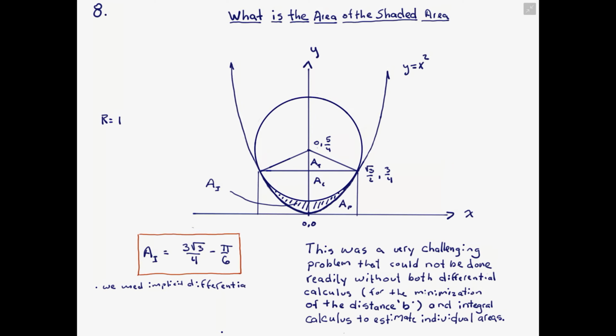Again, the area is given as 3 square root of 3 over 4 minus pi on 6. We had to parse the problem in such a way that we had different pieces that we had to solve for.